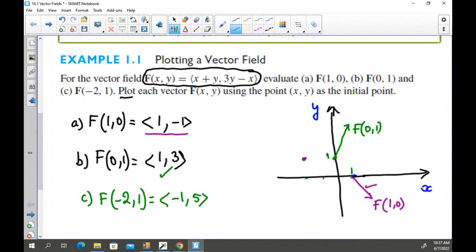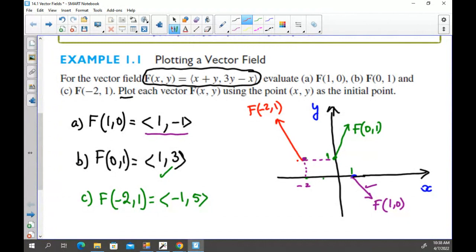At that point, the value of our function is the vector minus 1, 5. So minus 1 along the x-axis, and how many along the y-axis? 5. So it's going to be a vector like this. Minus 1 along the x-axis, and 5 up along the y-axis. So this vector you see here in red is the value of the function at minus 2, 1, like this.